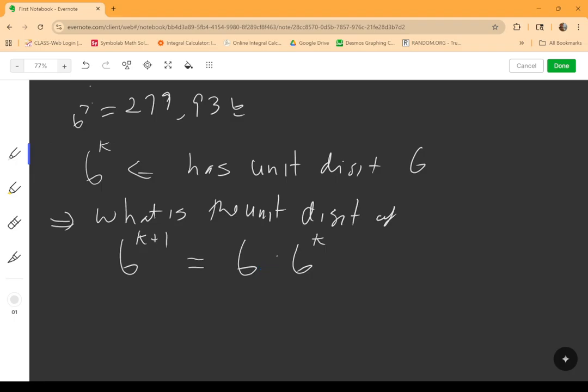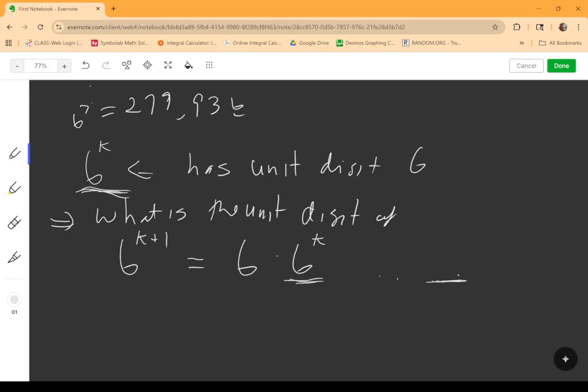Now, I don't really need to know what the whole value of 6 to the k is. If I use the previous fact that 6 to the k has a unit digit of 6, that's all I need to know, that it's the unit digit.